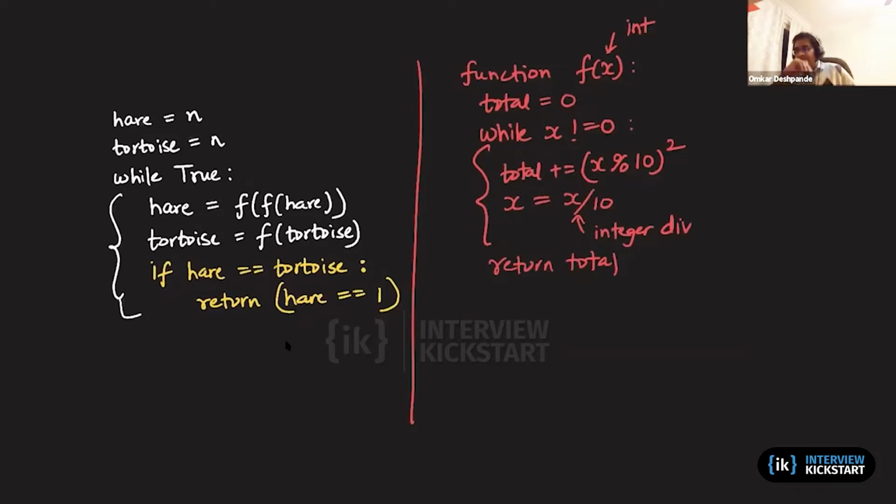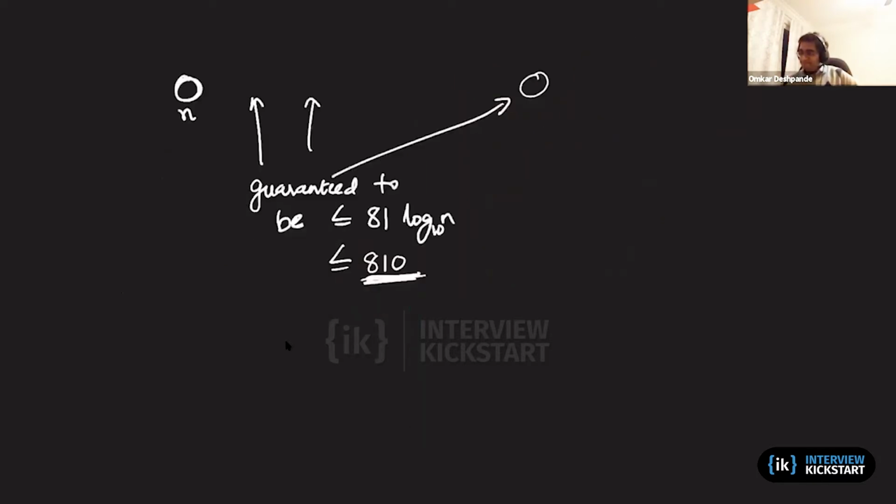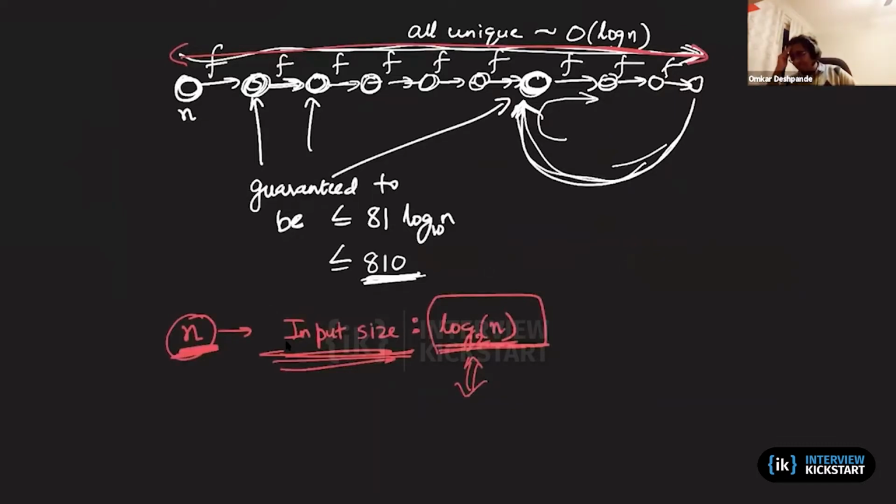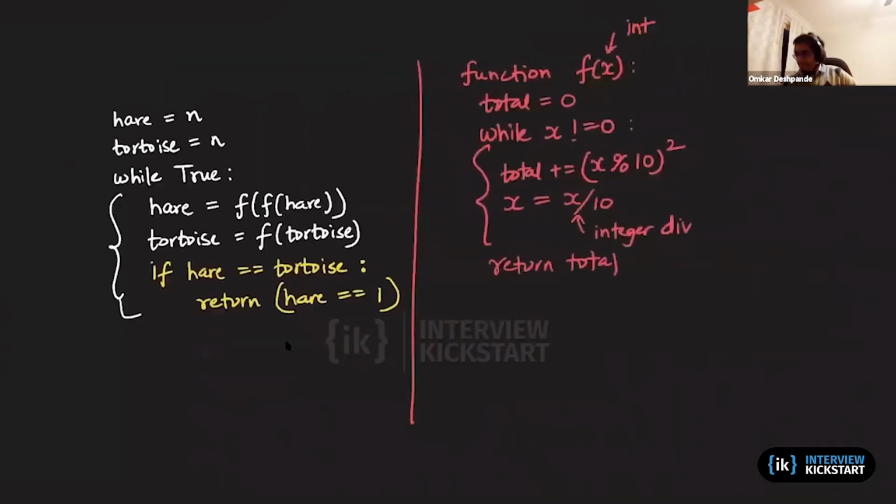I have one question. For the recursion, what is the space complexity? There is no recursion here. We just have a two-level thing.